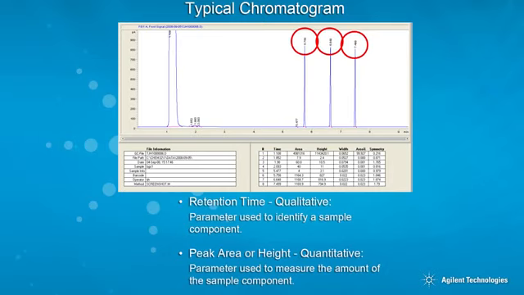The retention time is determined at the apex of the peak. Peak height or area is used to determine the amount of components present. Standards of known amounts of the components can be used as a reference in a calibration procedure to produce quantitative results that report the amount or concentration of each calibrated peak.